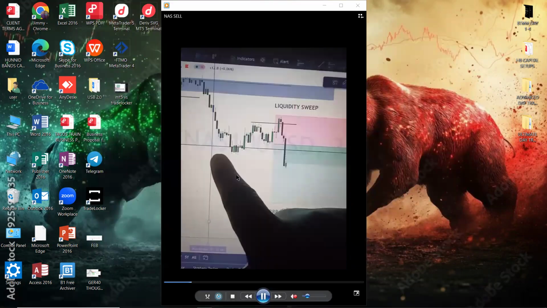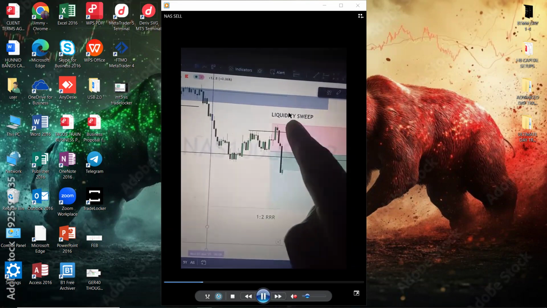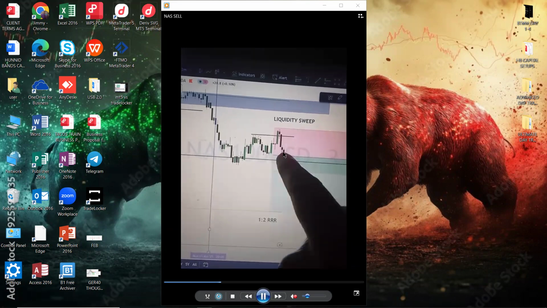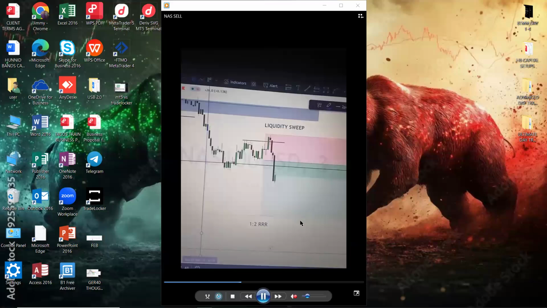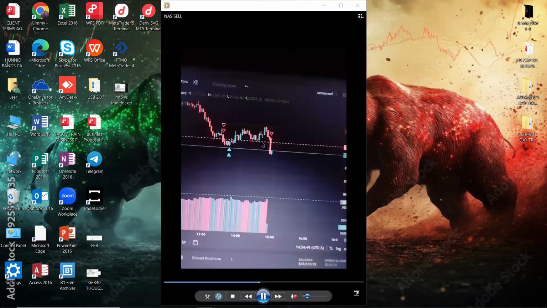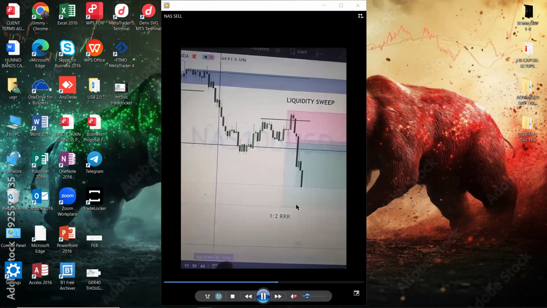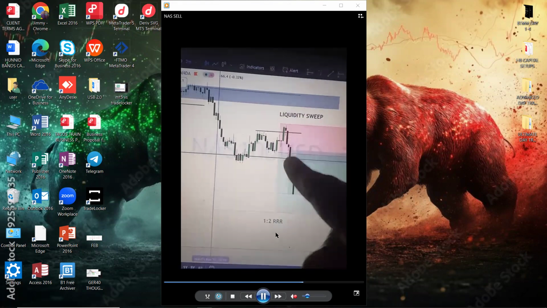So you can see, this was the setup we shared in the mentorship community. And there was the liquidity sweep entry at the break of that order block with the 1:2 risk to reward ratio. Then you see the running trade just now. Then a continuation of the trade as it was approaching TP. And yeah, that was it.